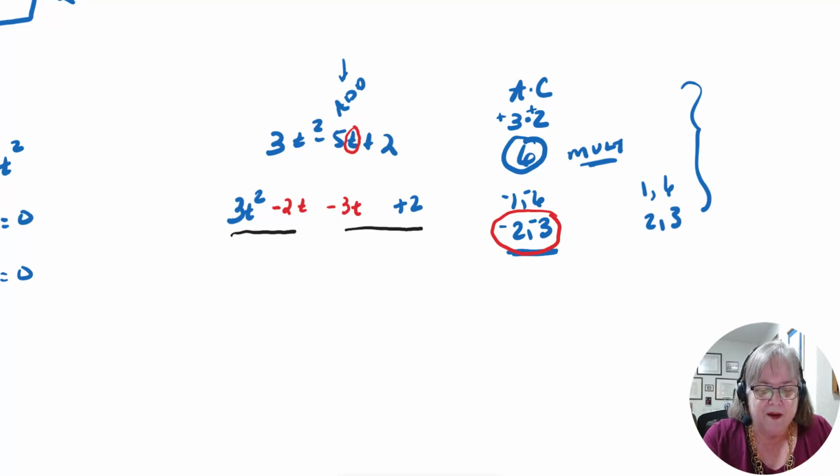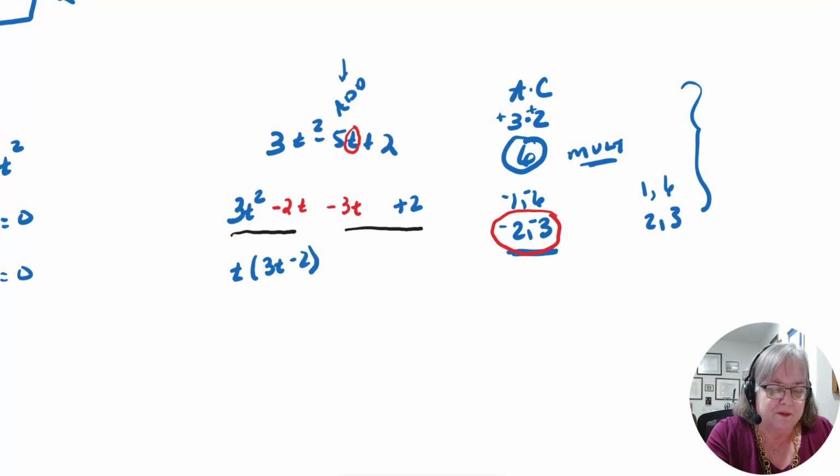All right. So what's in common in the front two is, if that's all you had to look at, don't look at the back two, just look at the front two. What's in common in the front two? Just a t. So that would leave you 3t minus 2, correct? What's in common in the back two? Nothing. Okay.